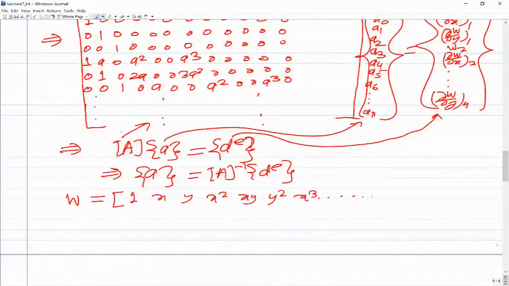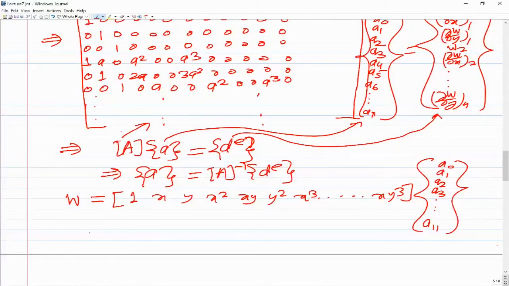And then finally the last term would be xy cubed, into these constants a0, a1, a2, a3, up to a11. So you can see that this will be equal to 1, x, y, x squared, up to xy cubed, and this vector will be A inverse into de.